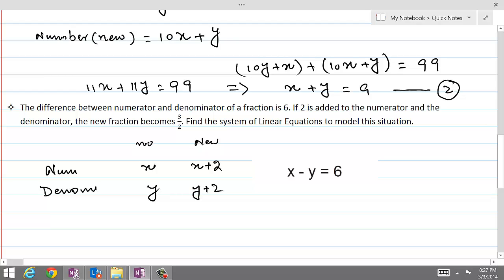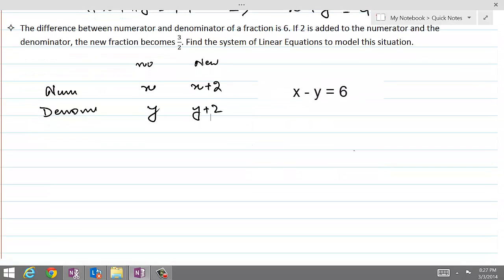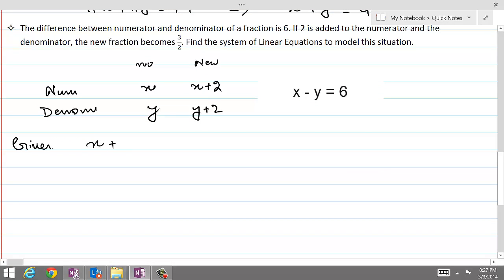And according to the given statement, if 2 is added to the numerator and the denominator, the new fraction is 3 by 2. Therefore, what we have here now is x plus 2 over y plus 2 is equal to 3 over 2.